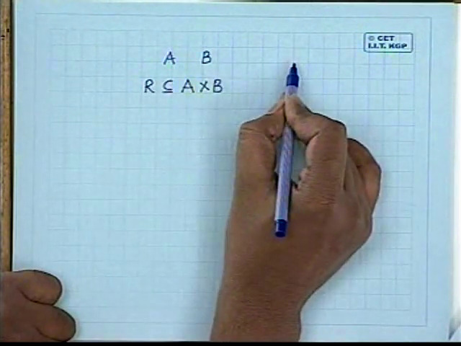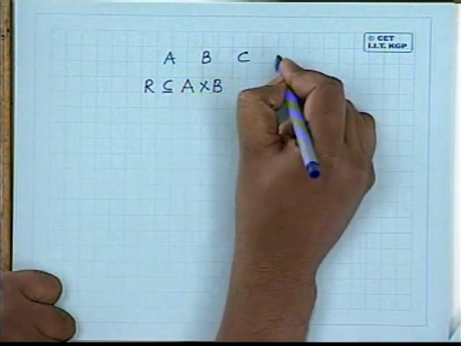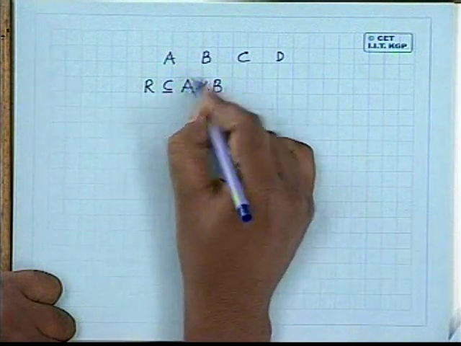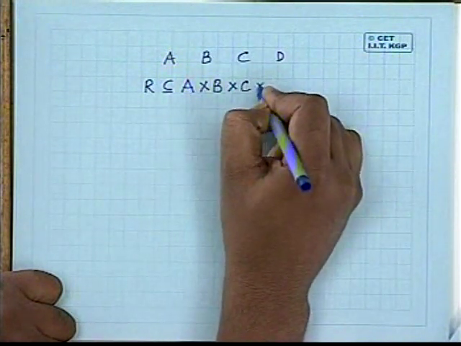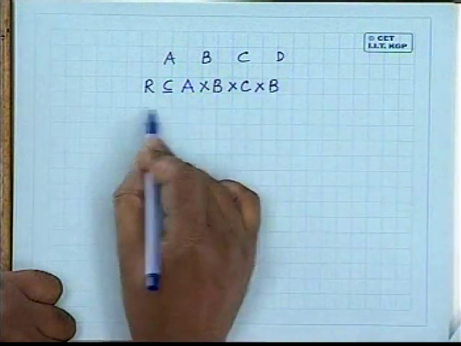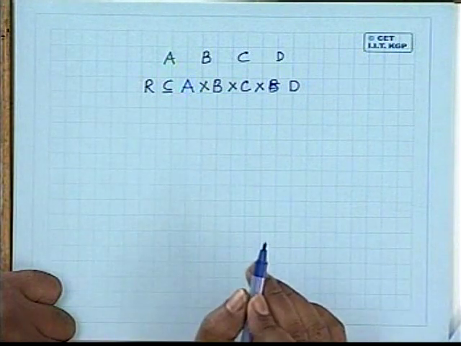If I want to find out relations among 4 sets, say A, B, C, and D, then relation over these 4 sets will be a subset of the Cartesian products of A, B, C, and D.